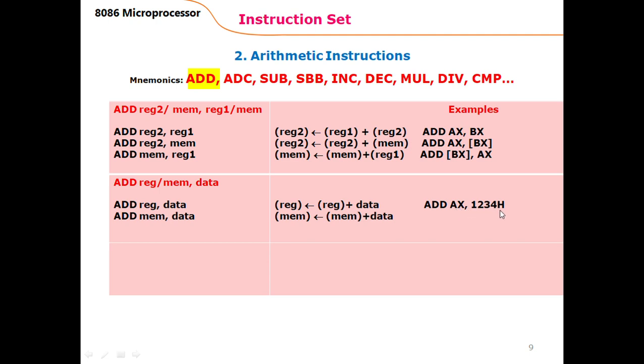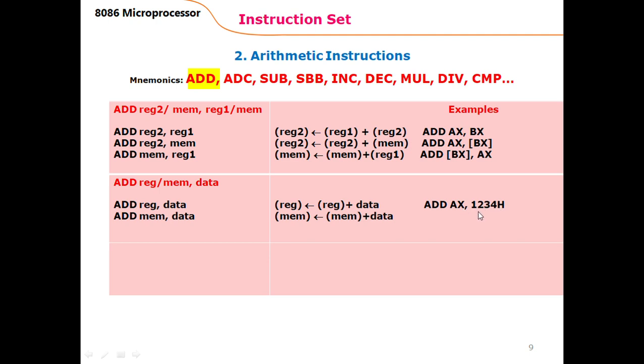Remember that it is also possible that when the 16-bit value here and the 16-bit value stored here are added, the result may be larger than 16 bits. In that case, the carry generated at the most significant bit position is stored in the carry flag in the EFLAGS or the flags register.